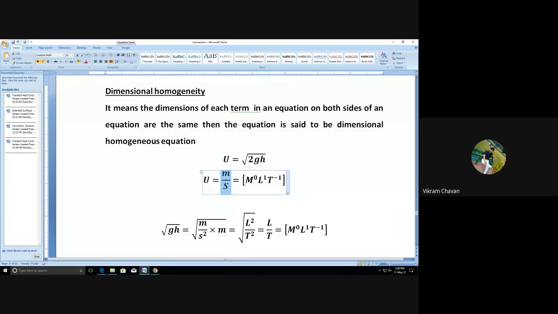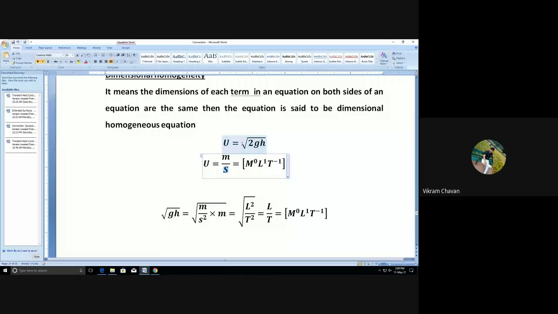Meter is L raised to 1, and second is time in the denominator, so t raised to -1. So the dimensions of velocity are M raised to 0, L raised to 1, t raised to -1.